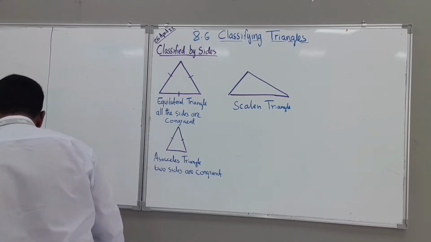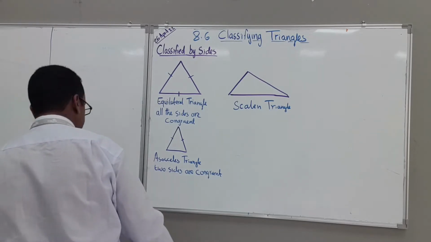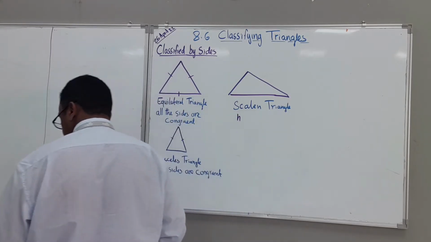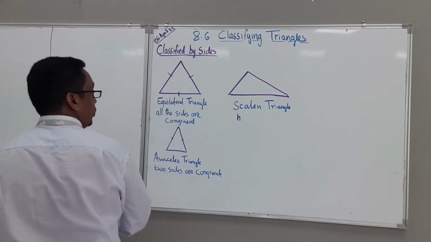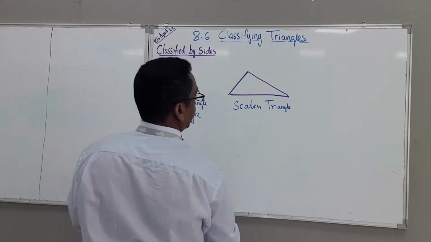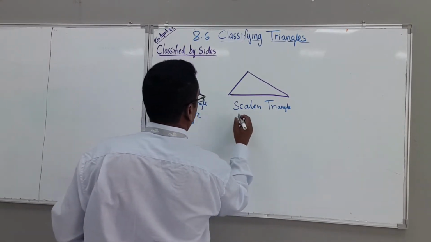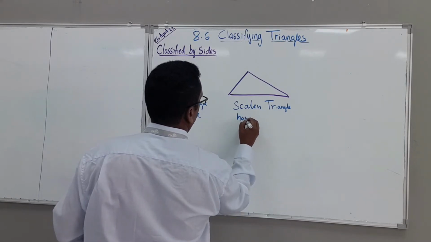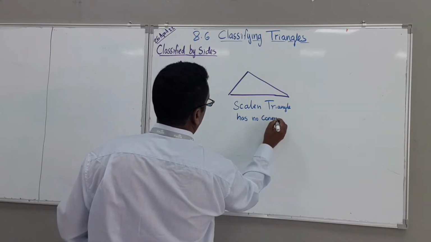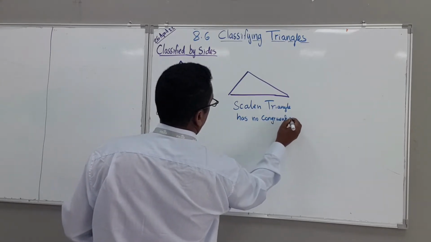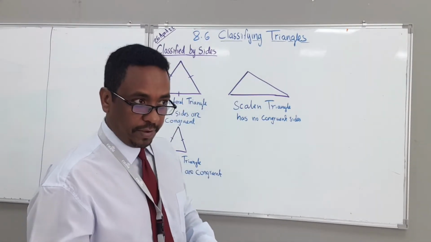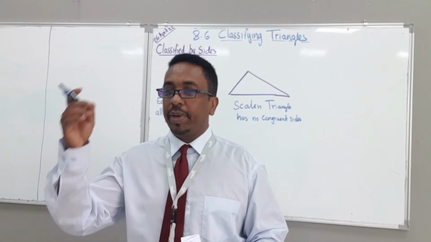In other words, it has no congruent sides. That means all the sides are different. Does that make sense, boys?